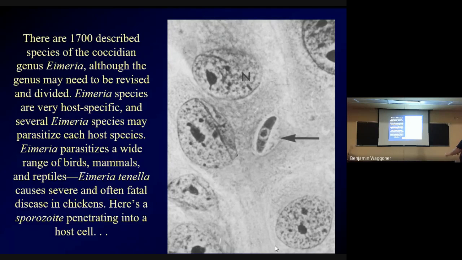You can see the nucleus of the host cell labeled N, and in the cytoplasm of the cell, you can see there's a little vacuole that has this banana-shaped object inside. That's the sporozoite. That's the equivalent of the gregarine stages that you were seeing in the gut. The difference, of course, being that this can penetrate all the way inside.